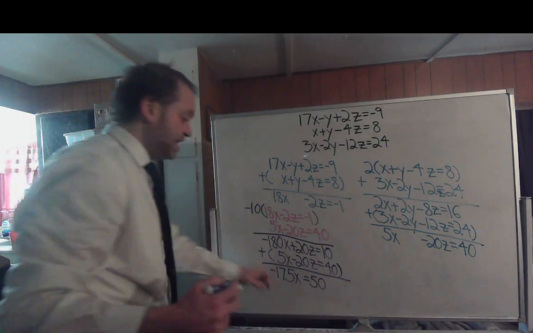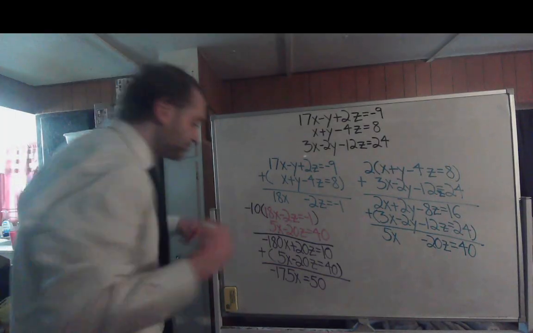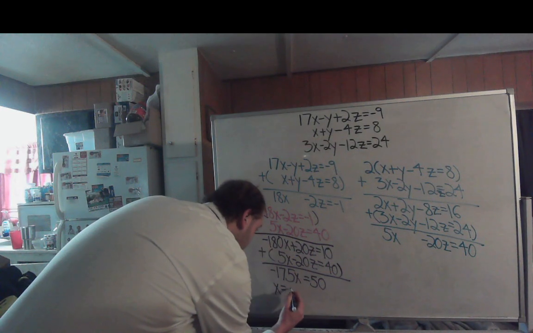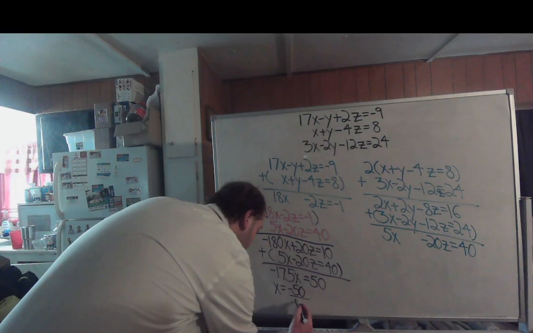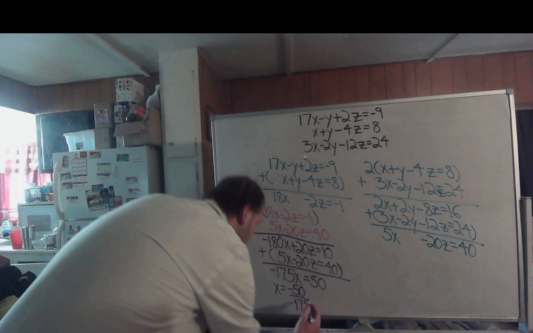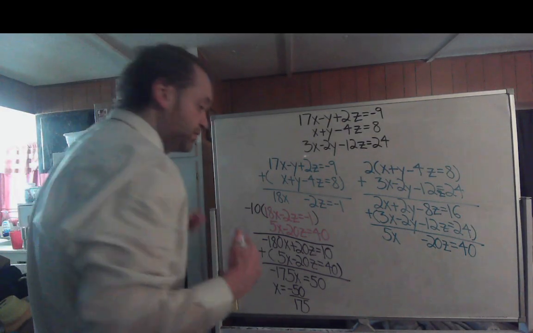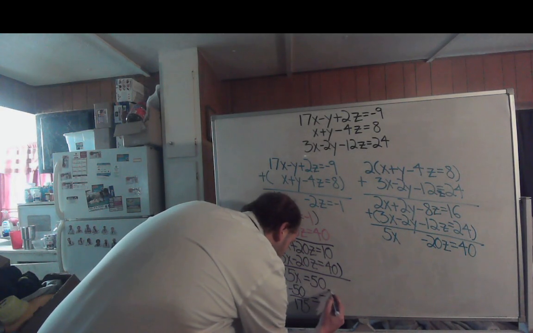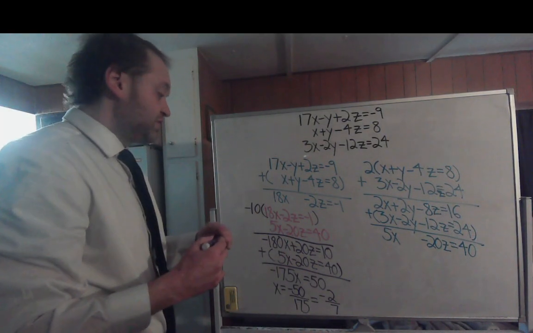So now I have negative 175x equals 50, which gives x equal to negative 50 over 175. You can divide both by 25. If you do that, you get negative 2 over 7. So we found x to be negative 2/7.